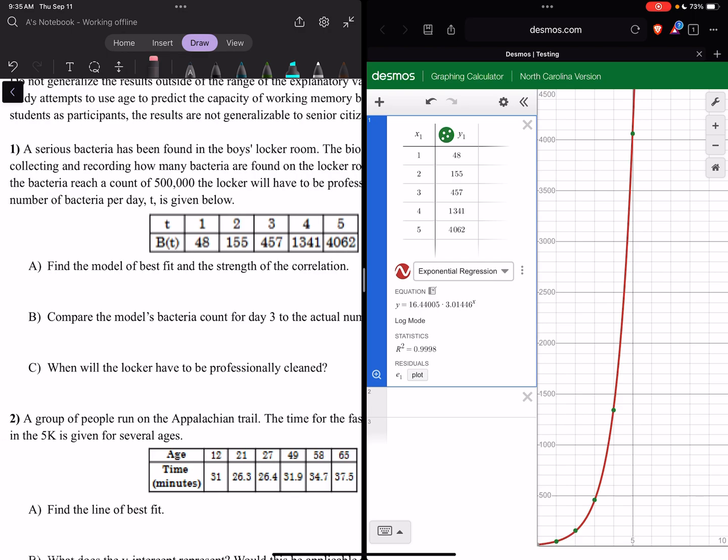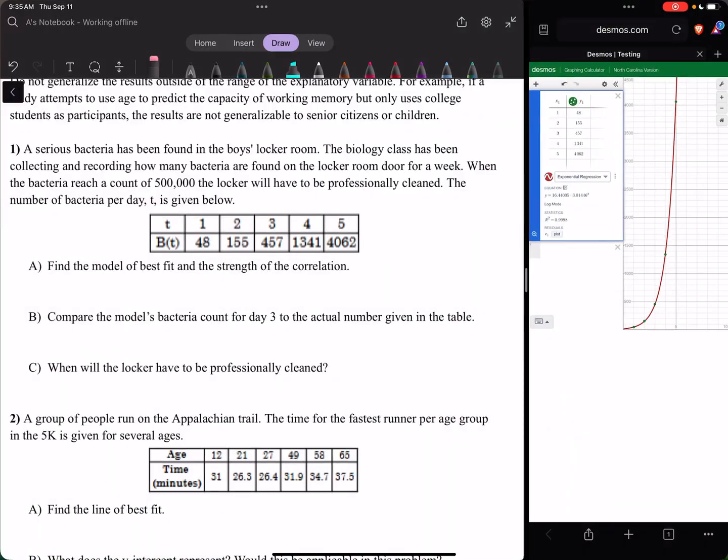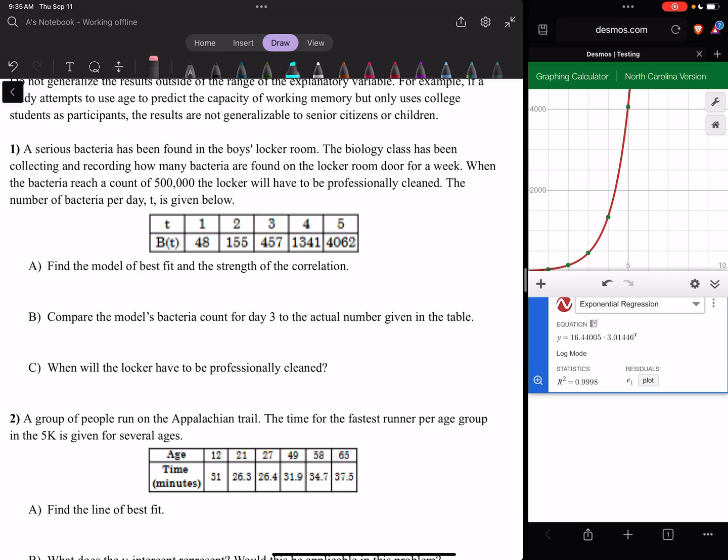So, the model of best fit. Y equals 16.44005 times 3.01446 to the x power.